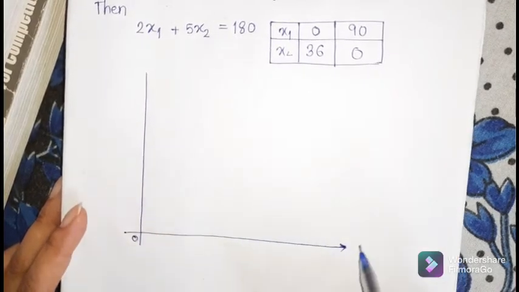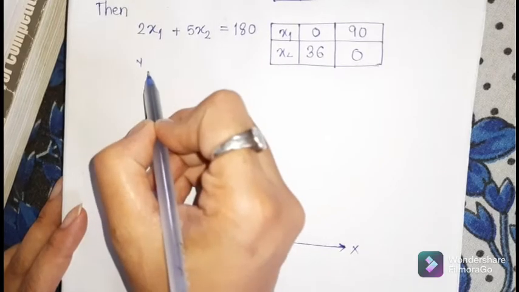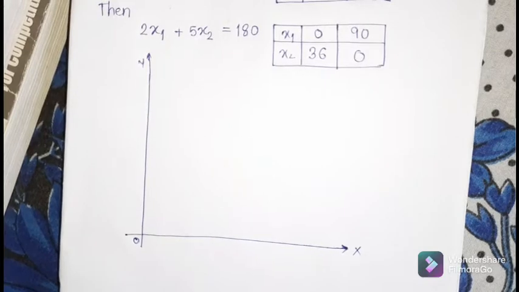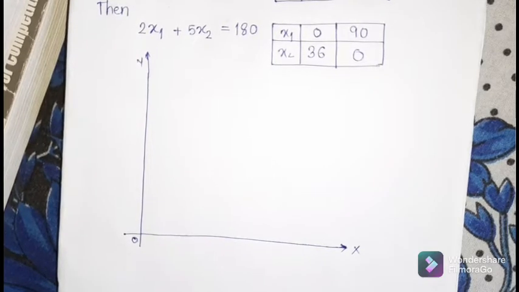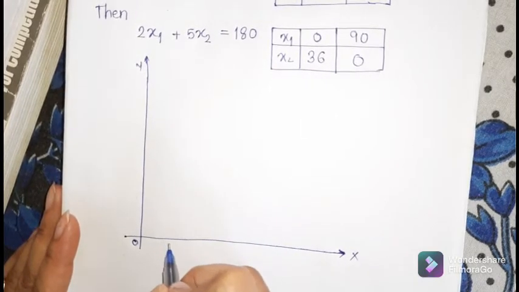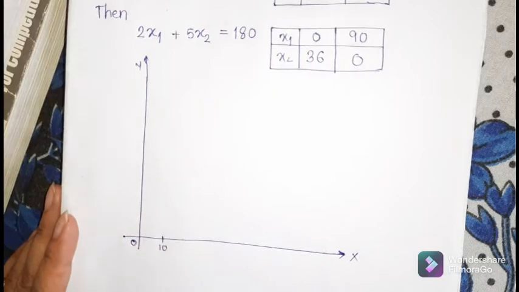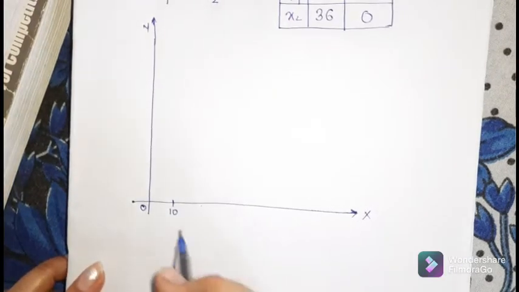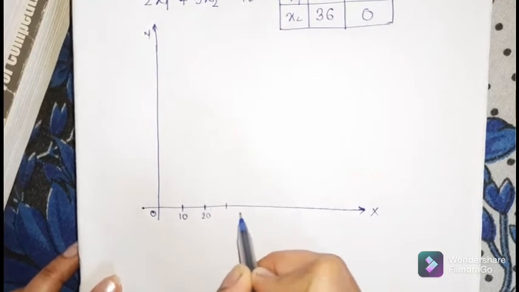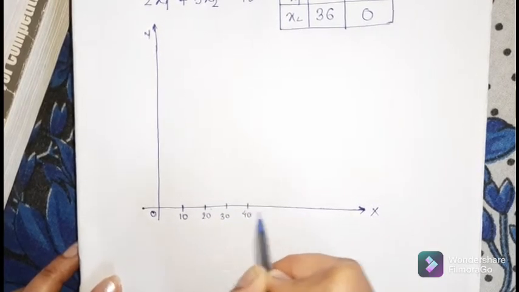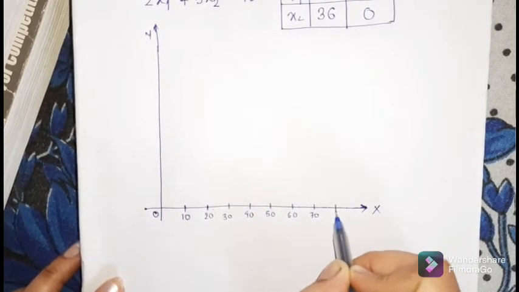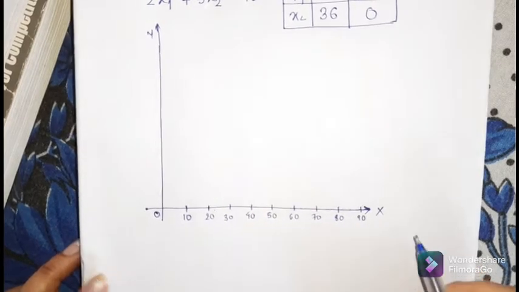This is the origin, this is the x-axis, this is the y-axis. We can take a difference of 10 units, so our graph will be 10, 20, 30, 40, 50, 60, 70, 80, and this is 90.